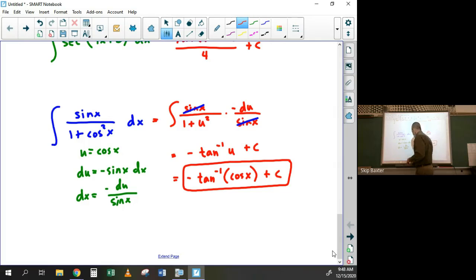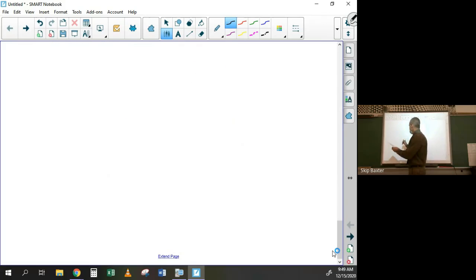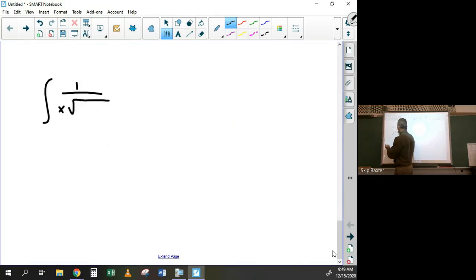Okay. Let's try another one. How about this one? The integral of 1 over x radical 3x squared minus 1. Which one does this kind of look like?